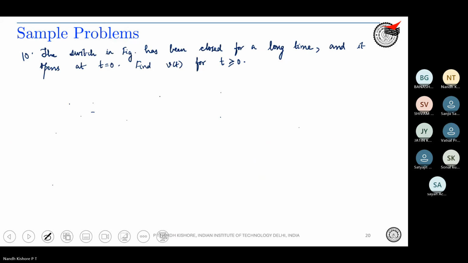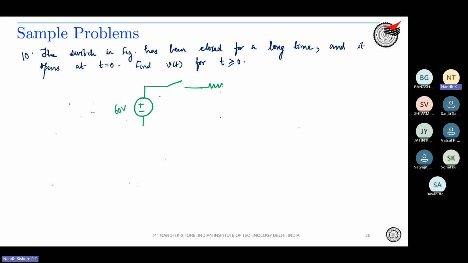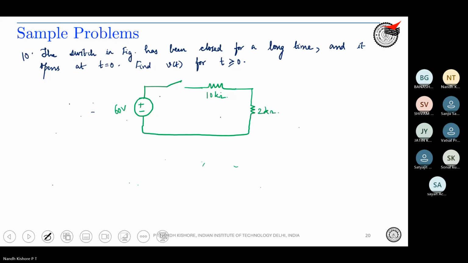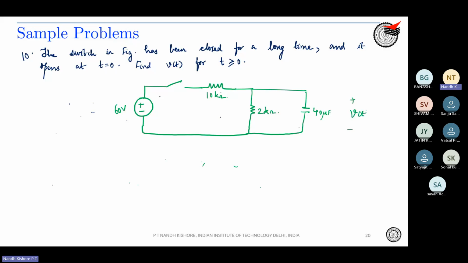And the circuit is something like this. This is your V of t.